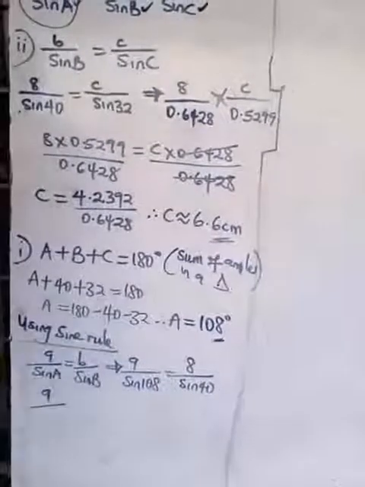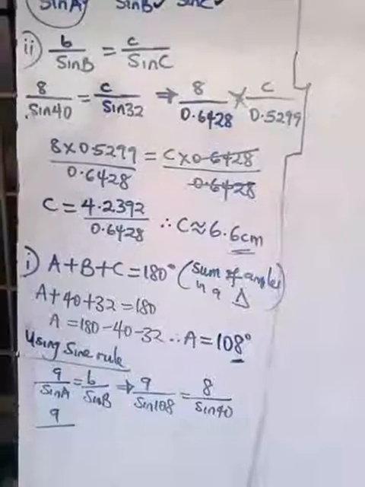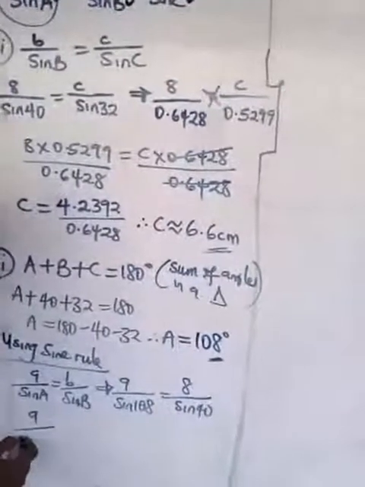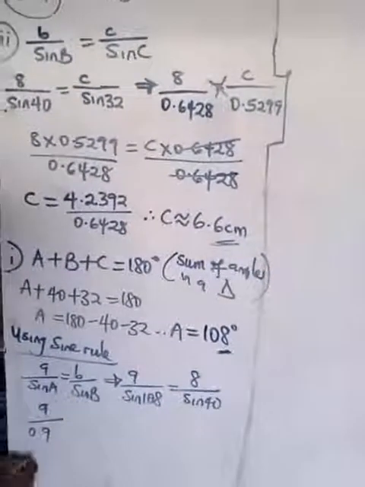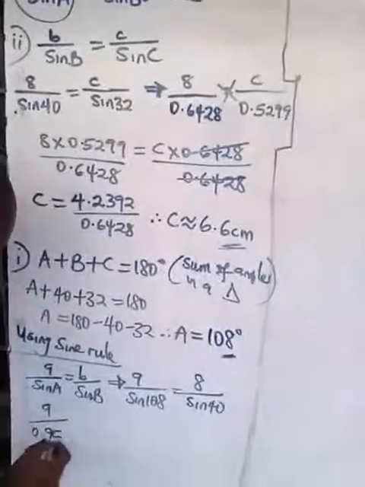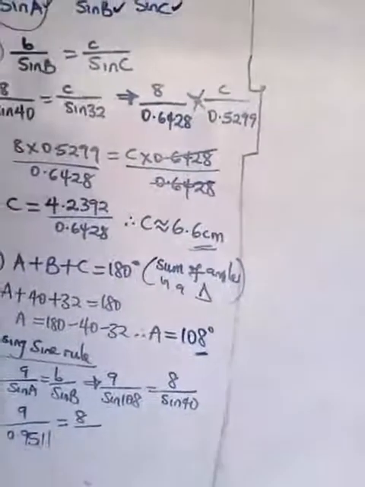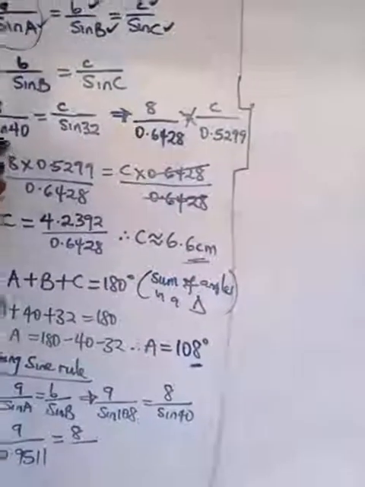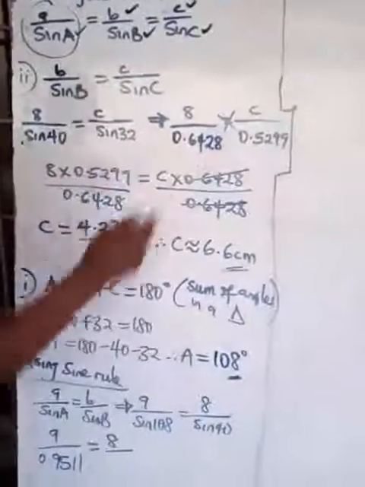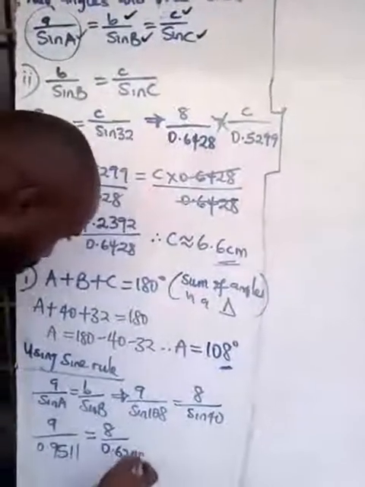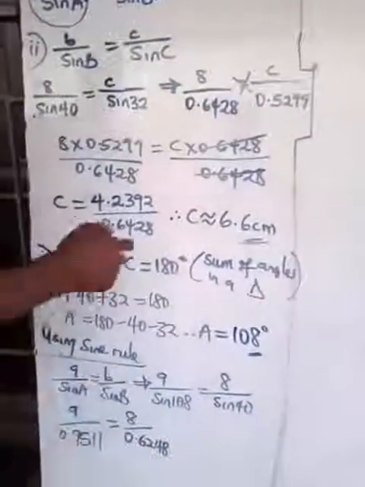Sine 108 gives 0.9511 to 4 decimal places, then 8 over sine 40. We found sine 40 before, that's 0.6428.